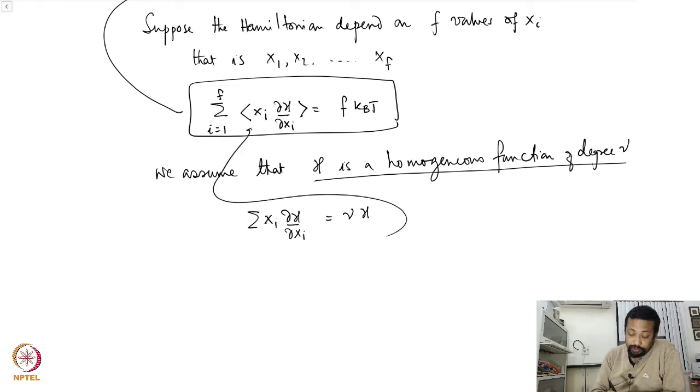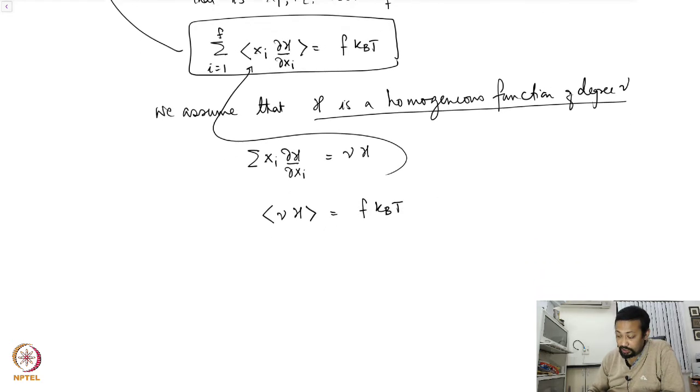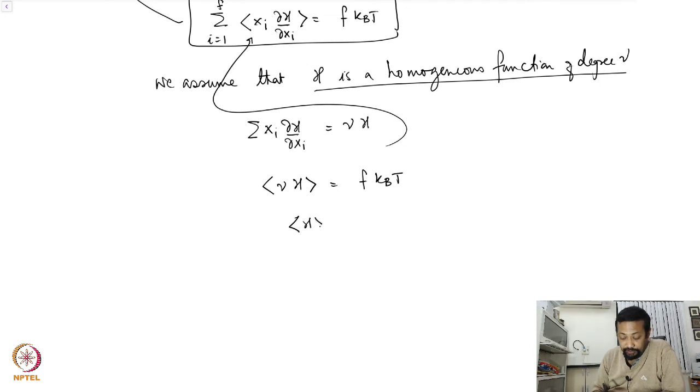Once we substitute this over here, this essentially means that nu times h is f times kBT, so that the average of the Hamiltonian, which is equivalent to the average energy, is going to be f over nu kBT.